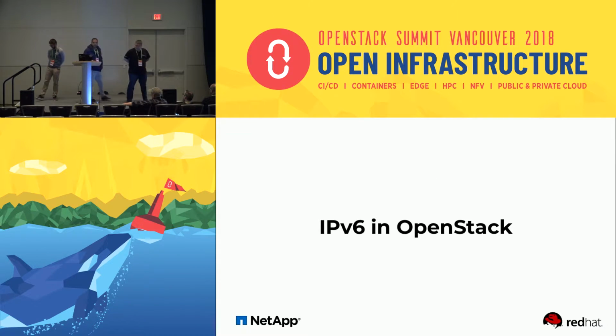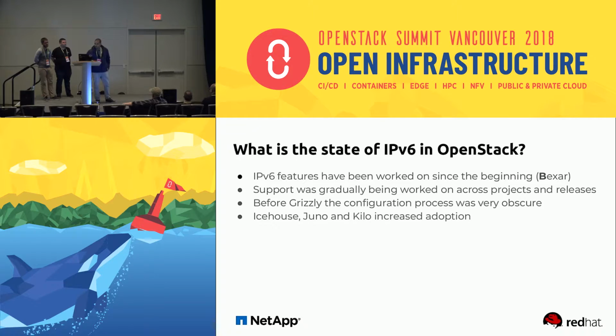Yep. I'm going to talk a bit about the IPv6 history on OpenStack. Usually applications are developed in IPv4, and then they do the work for IPv6. But with OpenStack, we had the IPv6 feature since the beginning.